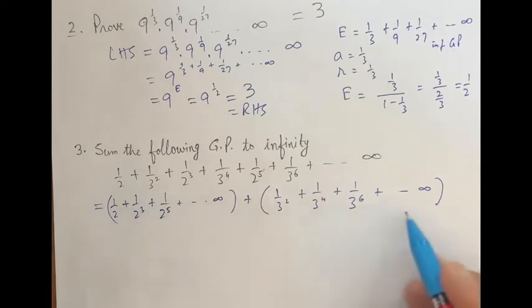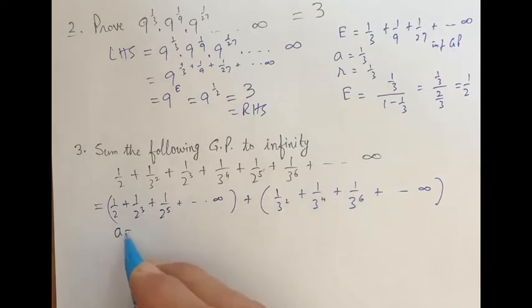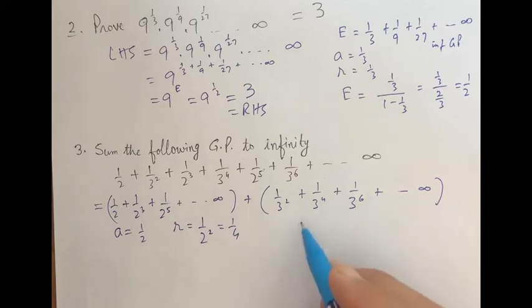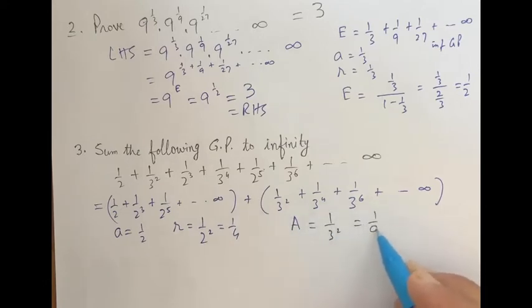This is GP, this is also GP. This is with first term 1 by 2 and common ratio is 1 by 2 square, that is 1 by 4. This one is also GP, first term is 1 by 3 square, that's 1 by 9, and common ratio is this upon this, 1 by 3 square or 1 by 9.